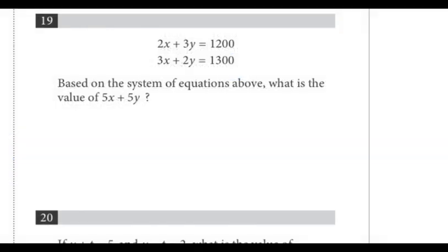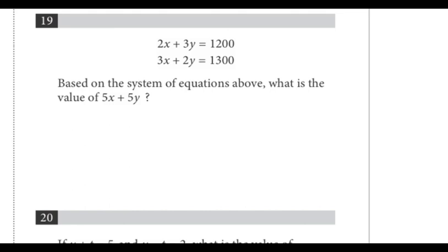Number 19. 2x plus 3y equals 1200. 3x plus 2y equals 1300. Based on the system of equations above, what is the value of 5x plus 5y?